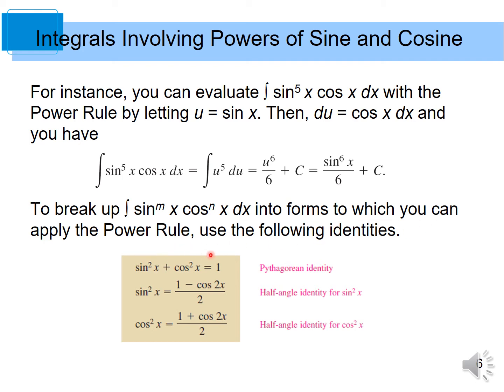And we use the following identities. For example, we use the Pythagorean identity, the half angle identity for sine square x, and the half angle identity for cos square x.